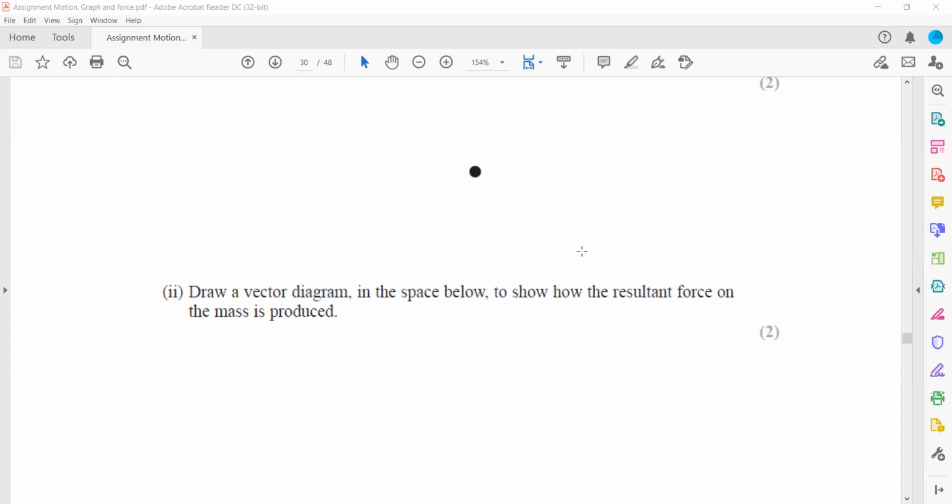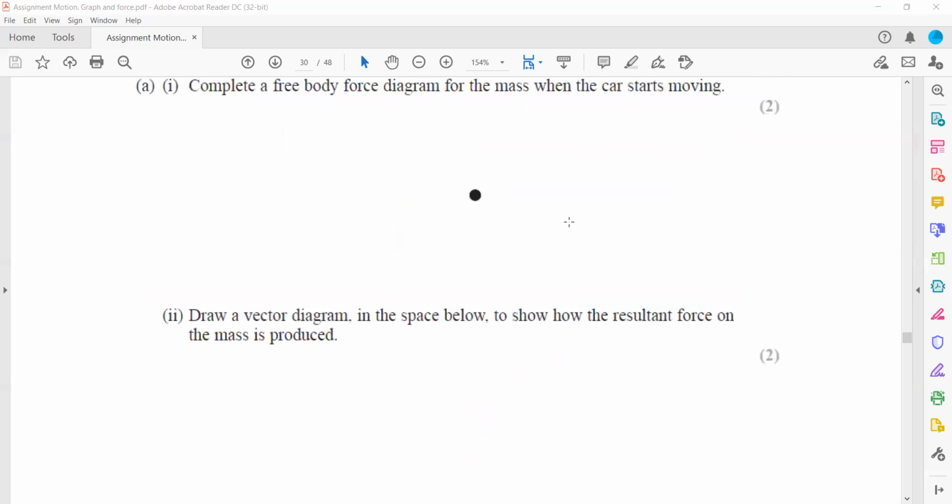Draw a vector diagram to show that a resultant force on the mass is produced. What is the meaning of resultant force? If I have two forces acting on the object and I want to show that the resultant is 0, I will add the first vector to the second vector, meaning I draw the first vector, then from the head of the first vector I draw the second vector.